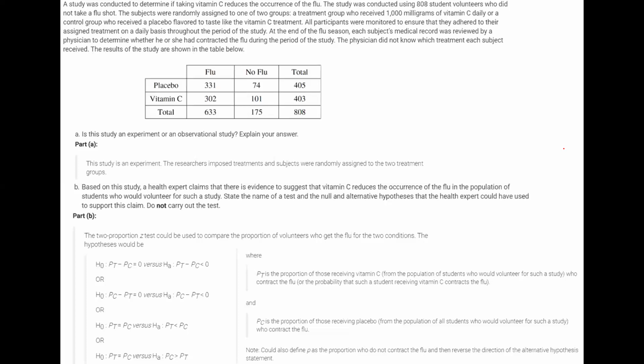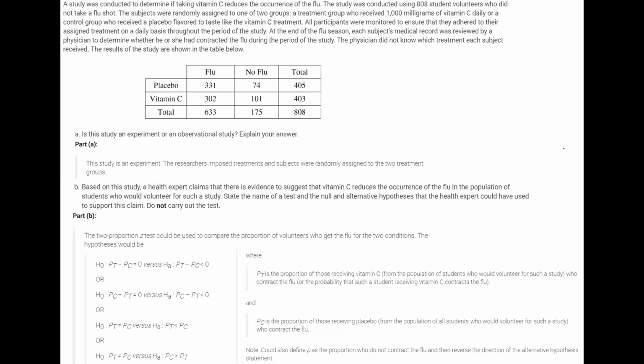Even before we really tackle the questions, you should be really thinking about what's going on in this experimental design. For example, this is a random assignment, right, which is important. And then there was a control group with the placebo, but it was also a blind.